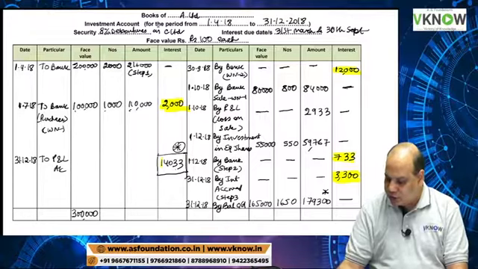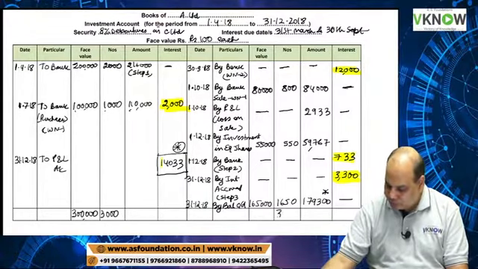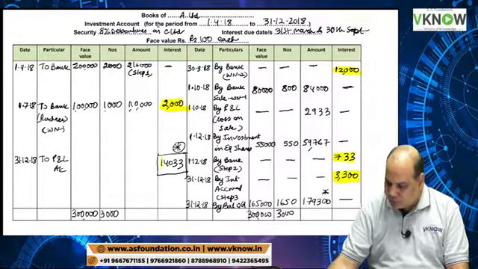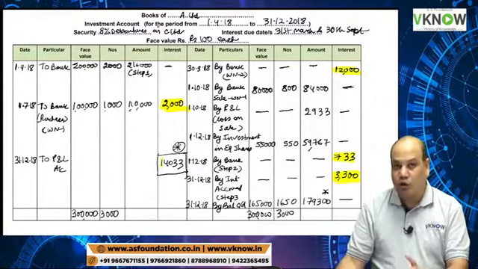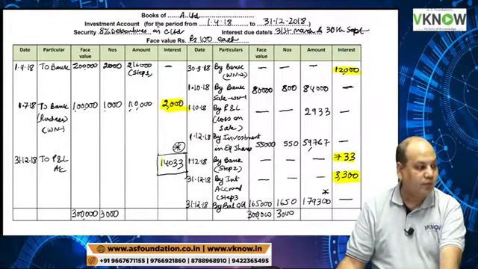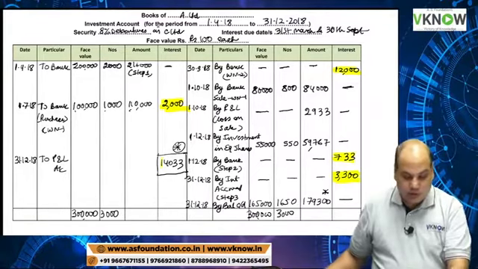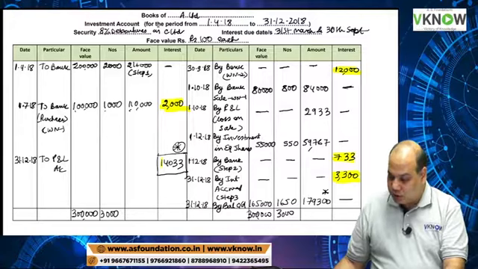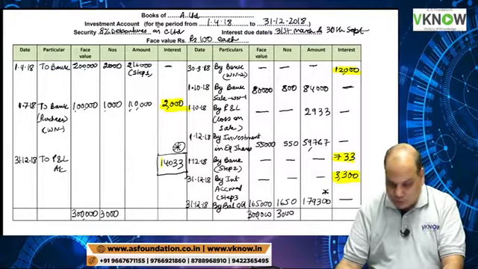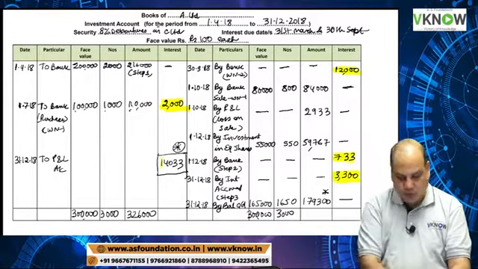Okay, so now you take the total of amount column. We have to check that the amount column is tallying or not. So 3,26,000. Credit side also let me check.